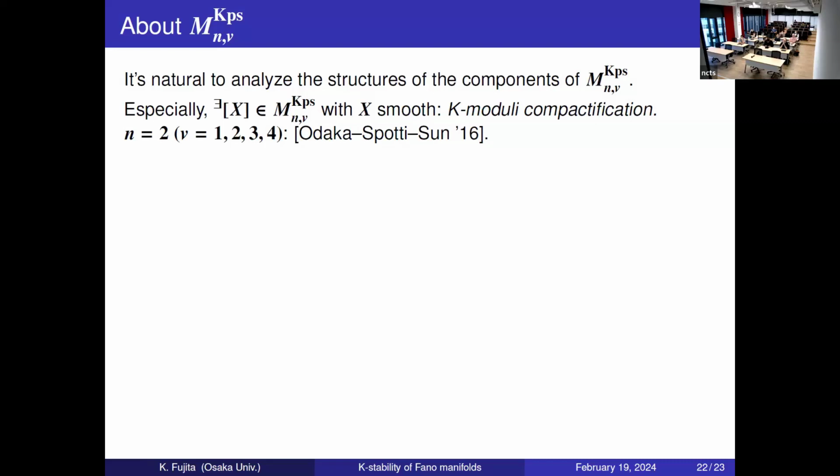In fact, in the Del Pezzo case, n equal to 2, the space is very well understood thanks to Odaka, Spotti, Sun. So our current research is to consider n equal to 3.